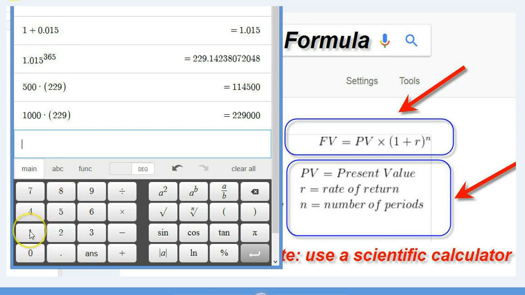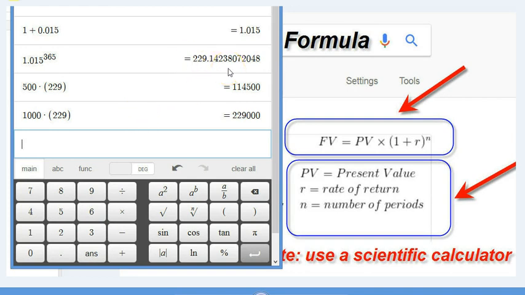So what you would do is you plug in first 1, and then plus 0.015, and then you click enter, and then you get that one there. And then you type that one in here, punch in the number 1.015, you click this a exponent b, and it'll allow you to type or input a number here. Then you press 365, and you press enter on your keyboard, it will give you that answer.